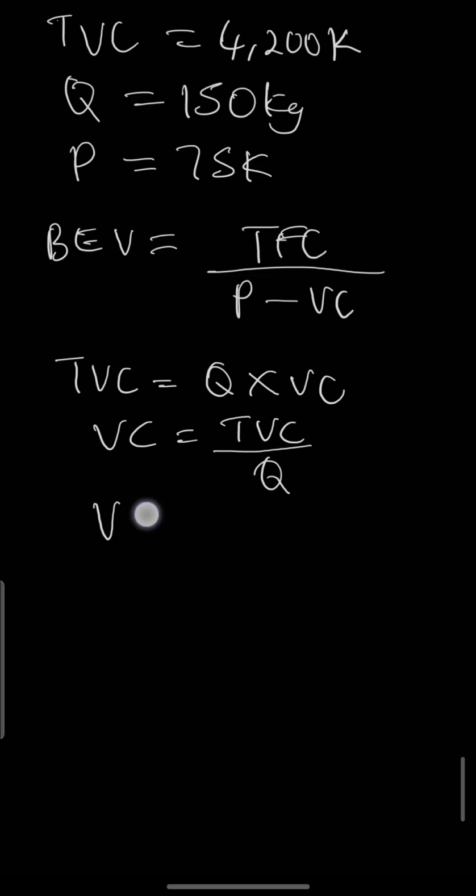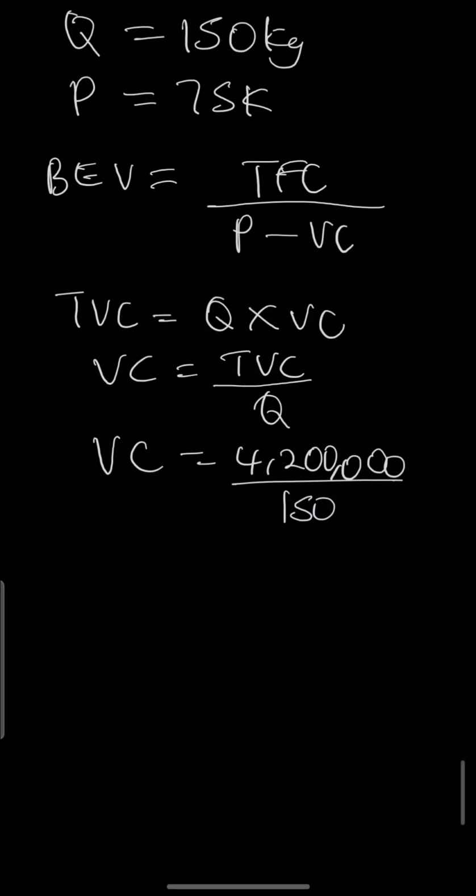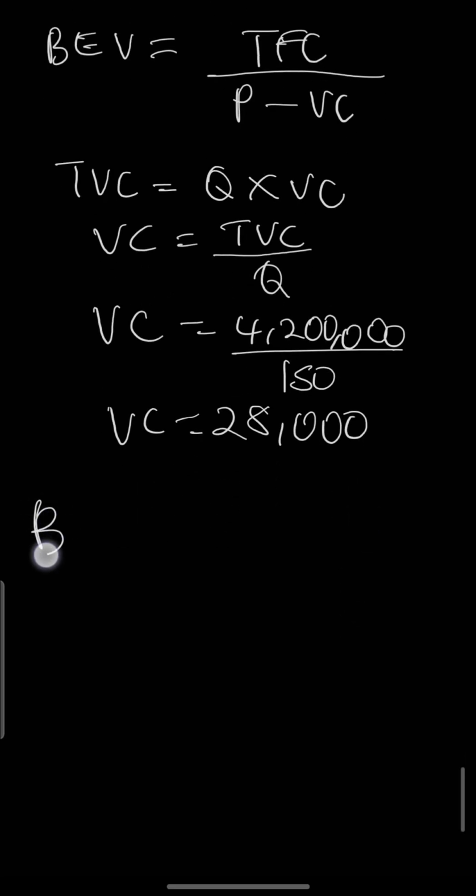So our unit variable cost will be, what's our variable cost? 4.2 million divided by, what is our quantity? 150. That gives us 28,000 as our variable cost. So we can go ahead and substitute. We know our total fixed cost to be 150,000, right?